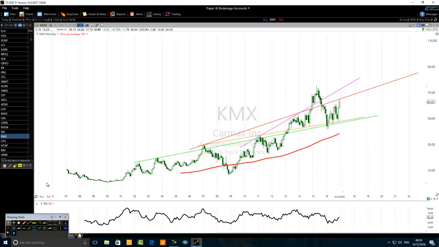Sometimes traders are using trading software that does not allow them to see enough data on a specific time frame. So here you can see that I have data from 1997 to today, 2016. That's a long time. This is good. So on this monthly chart, I have enough data.